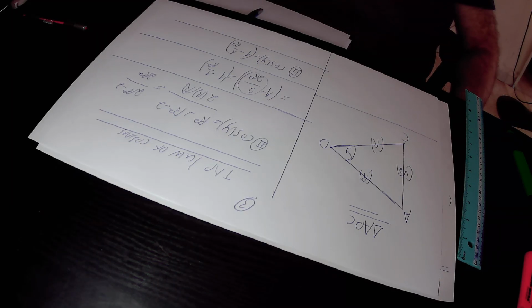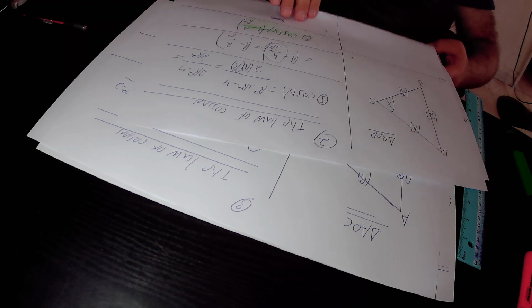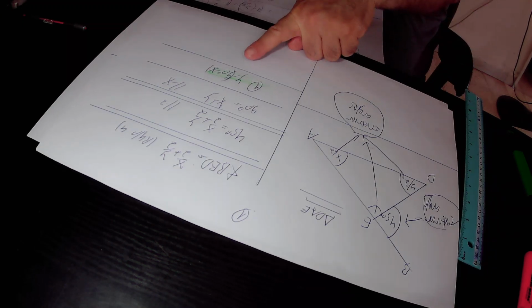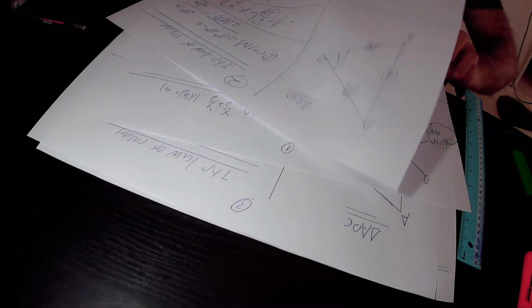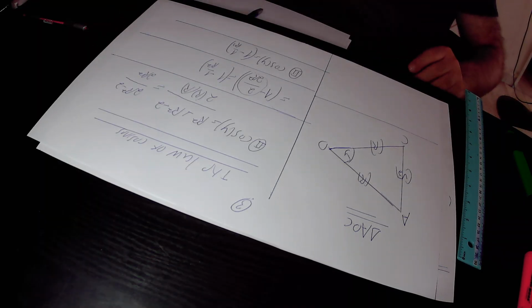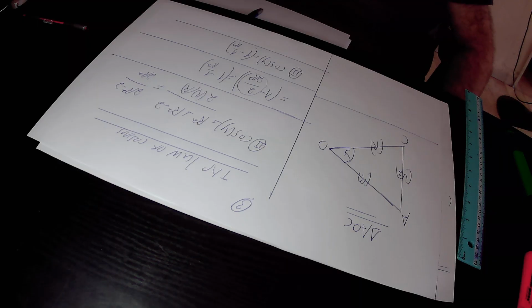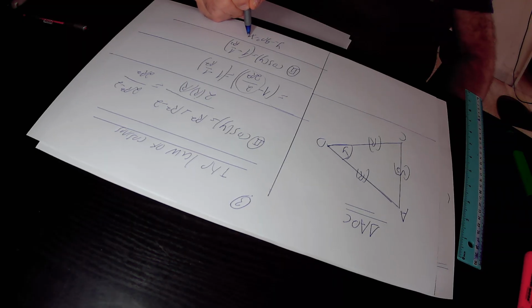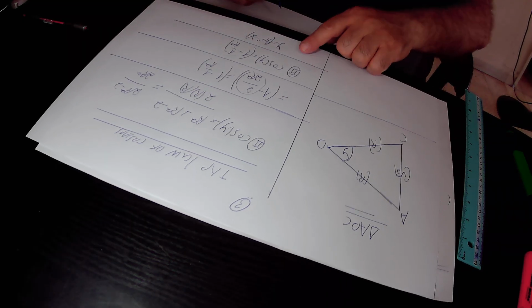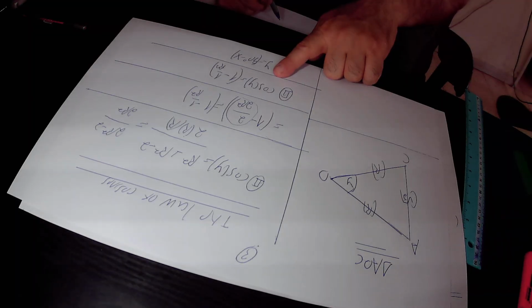But we already found out that Y equals 90 degrees minus X. So now we can substitute Y in equation 2.